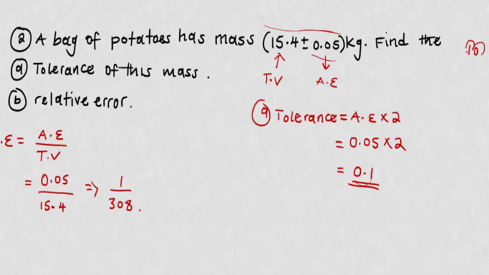Like I said, if you have challenges on how to divide decimals, you can let me know, and I can make a separate video on how to divide and multiply decimal numbers. But if you are good, you can do this and find that. It's important that you show your work instead of just going to the final answer. You should show how you find this 1 over 308. I think this is going to help us. But I will leave it here.